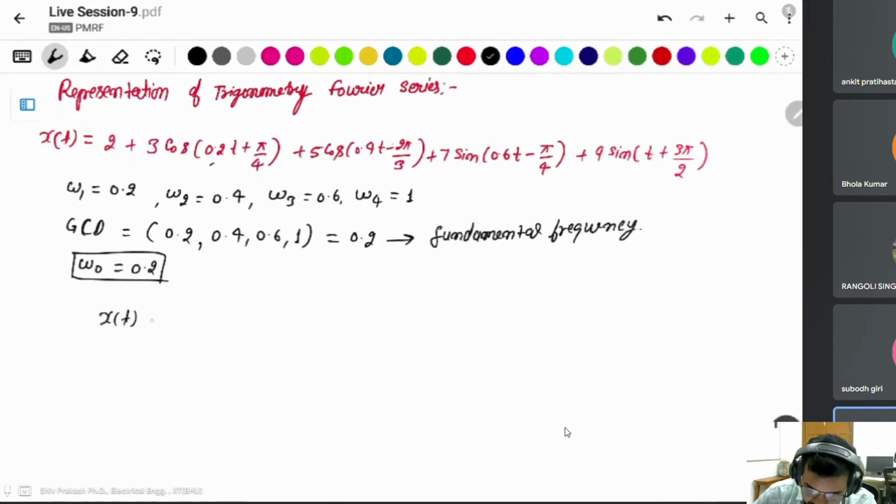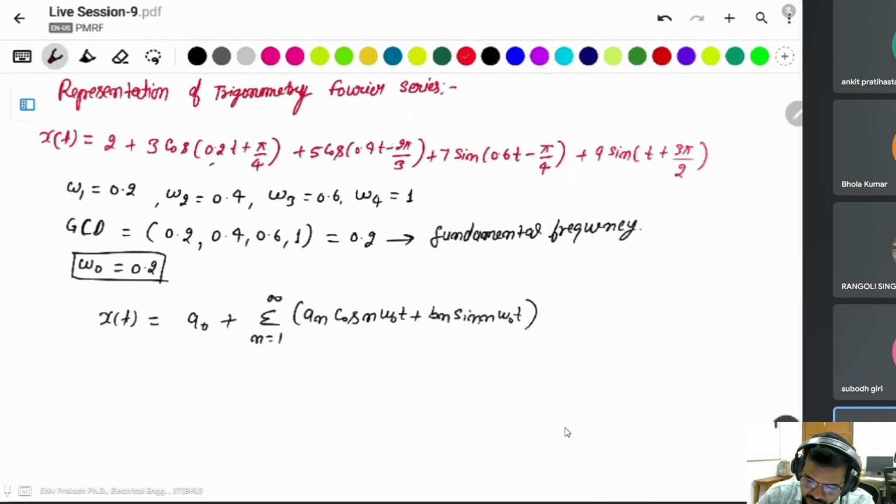The series is represented as a naught plus summation of n equals 1 to infinity of an cos(n omega naught t) plus bn sin(n omega naught t).